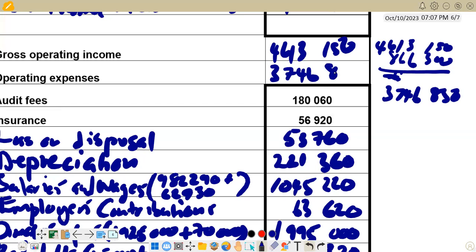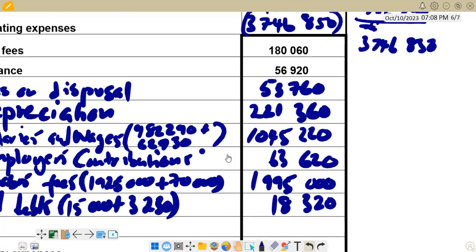3,746,850. So this one is a negative figure. We still have the figure for sundry expenses that we want to find, remember. So you are going to add the total for all the figures that you have under operating expenses. You are adding this one plus this one plus this one plus this one plus this one plus this one plus this one plus this one.